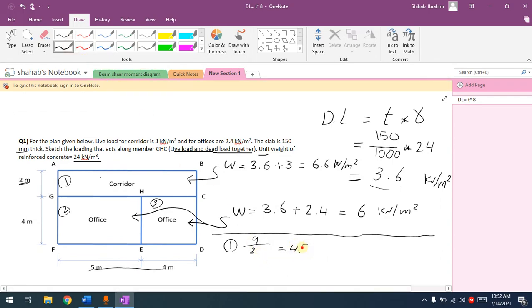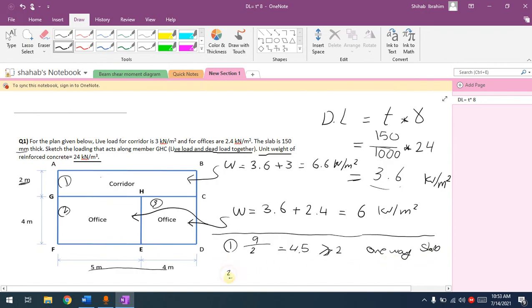So we have 4.5, which is greater than 2. If you write greater than 2, there's no need for the equal sign here. Greater than 2, so we have a one-way slab here. One-way slab. That's the first one.